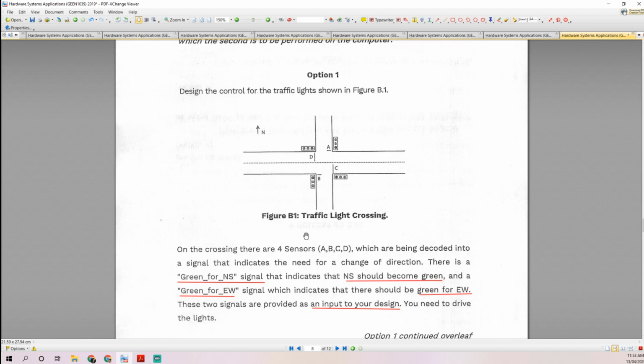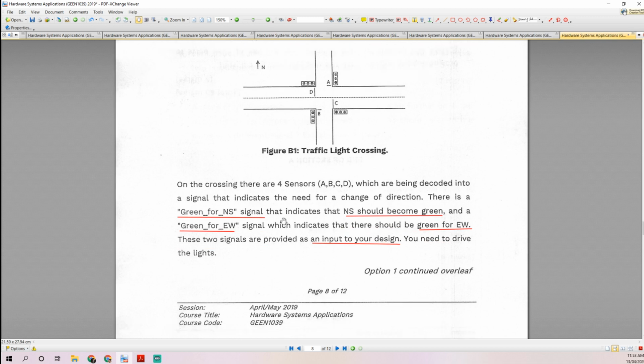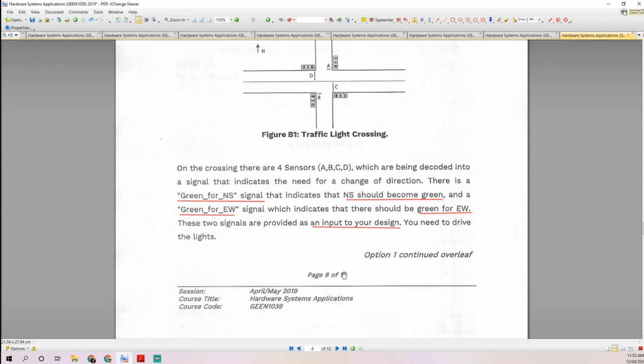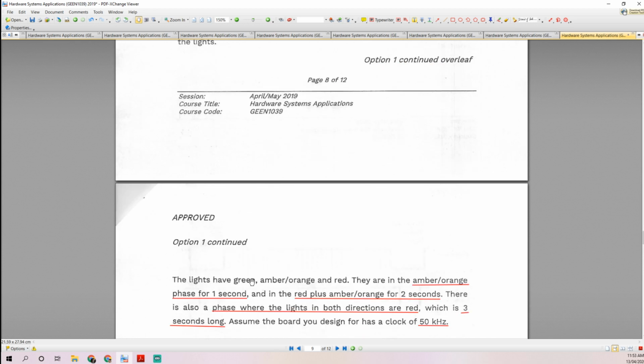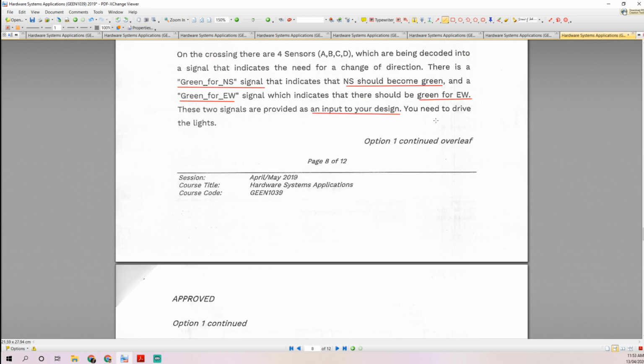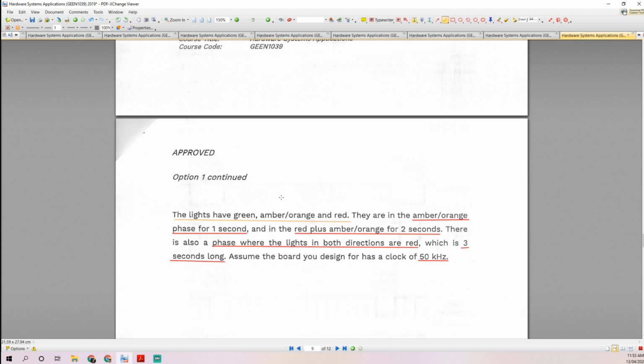Okay, so it says that the lights have green, amber, orange, and red in this line here. And it says that you need to drive the lights. So because we need to drive the lights, we would need signals for north-south green, north-south amber, north-south red, east-west green, east-west amber, east-west red.